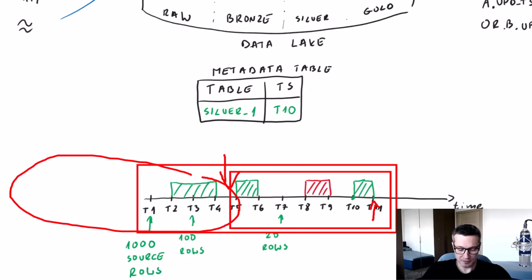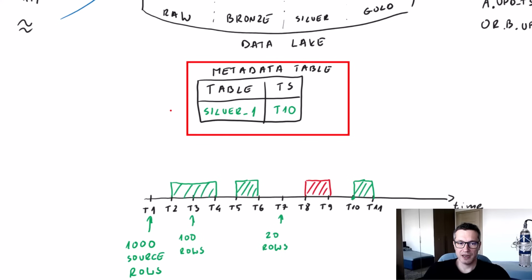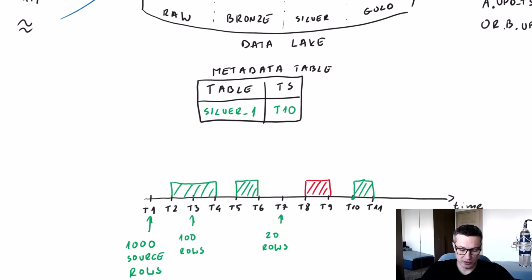So how to do this? Well, simple. We just deploy the fix, and we go to the metadata table. We find the entry for our table that we want to process, and we update the timestamp to the point in time from which we want to reprocess the data. Let's say we want to do this from T4. Cool, let's do this. So that's T4.